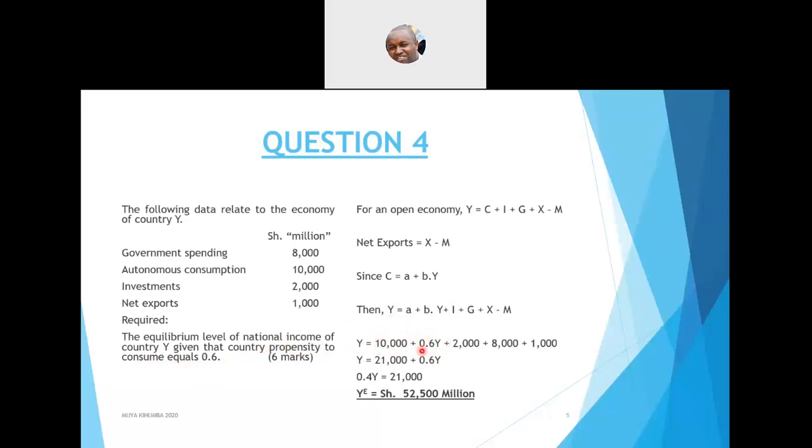This here is our consumption function, plus our investment expenditure, plus our government spending, plus our net exports. And our national income at equilibrium will be 52.5 million shillings, or 52,500 million shillings. Let's move on to question 5, not 4. You've done 4.